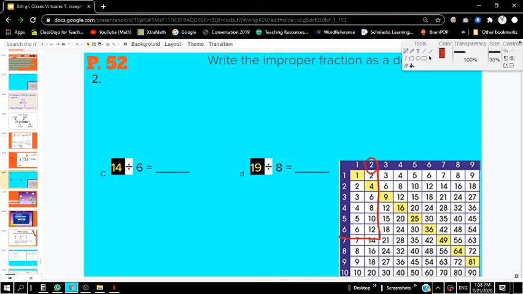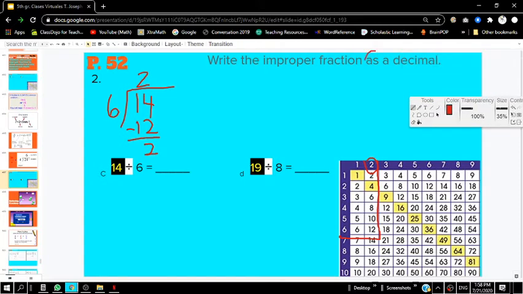If I divide that out, I'm going to take 14 divided by 6, and that gives me 2. 14 minus 12 is 2. And like I said before, we were using remainders, but the directions say that we're supposed to be finding our answer as a decimal.